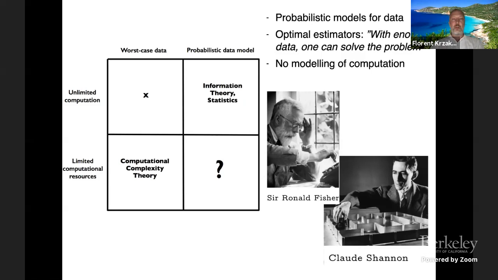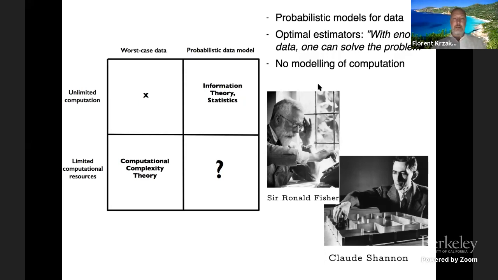And often you can show that these estimators are asymptotically efficient. And with enough data, you can solve the problem, right? And in those days, we did not really care about the computation, also because these were not really high dimensional problems. If the dimension is 3, well, exponential of 3 is not so big, so it's probably okay.